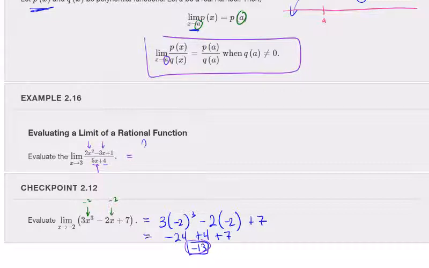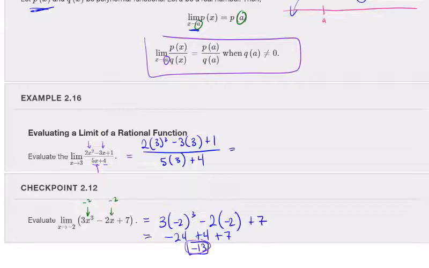So this is going to be 2 times 3 squared minus 3 times 3 plus 1, all over 5 times 3 plus 4. I'm just putting 3 in as my input in all those x locations.